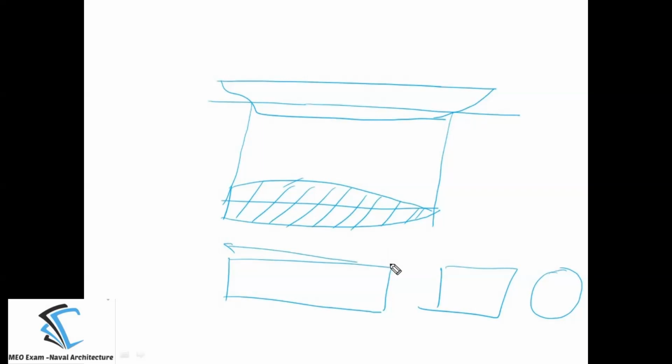For example, this is the length of the rectangle and this is the beam of the rectangle. If I ask you to find the area of this body, you can say L into B. Like this, you can easily find the area of these known bodies.